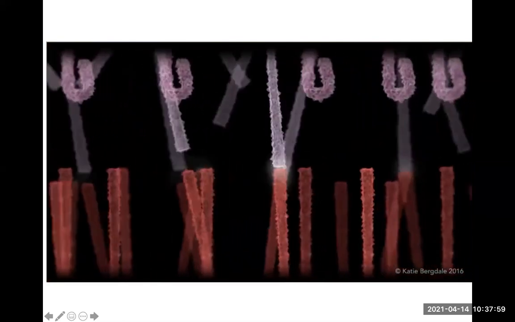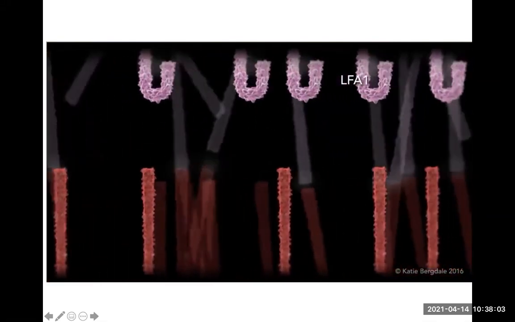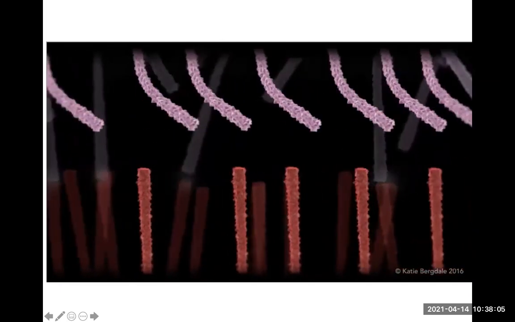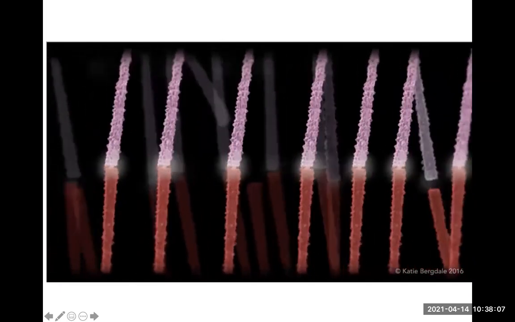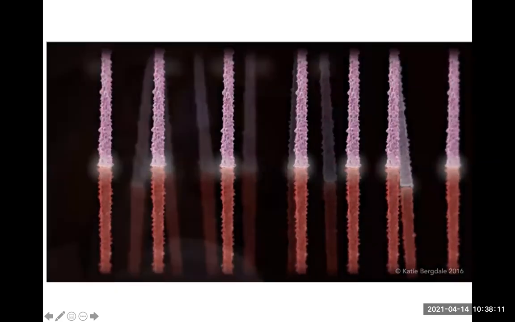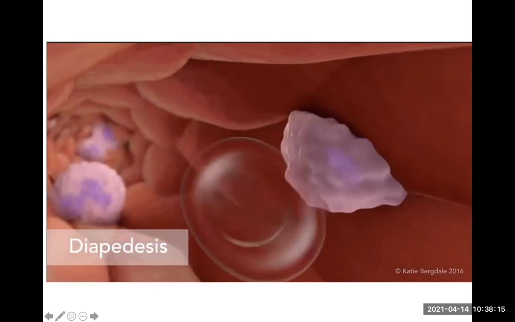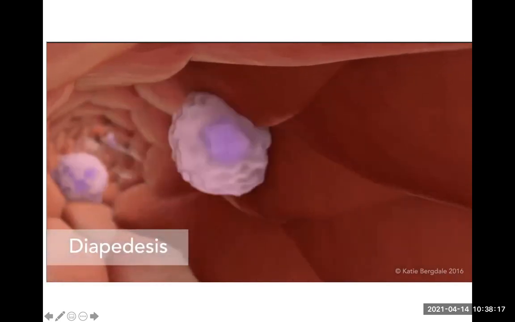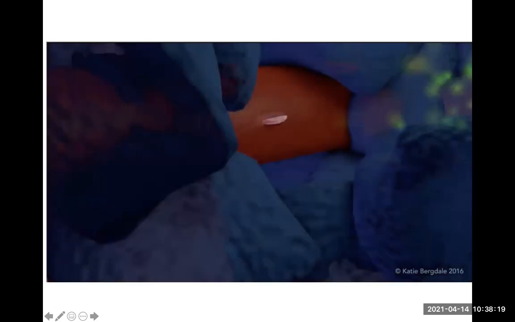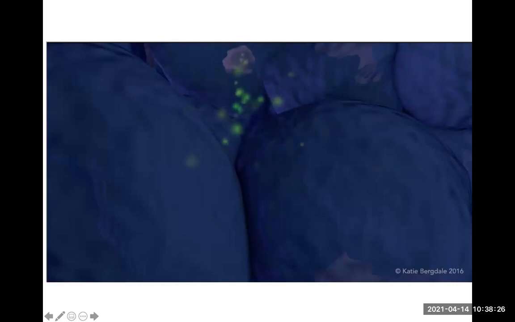Eventually, tight binding occurs when integrins known as LFA1 on the neutrophils undergo a conformational change, causing them to bind firmly with endothelial adhesion molecules called ICAM1. With the neutrophil firmly adhered, diapedesis, the process of neutrophils exiting between endothelial cells, can begin. Once outside the blood vessel, the neutrophil migrates to the infection, guided by chemical signals.